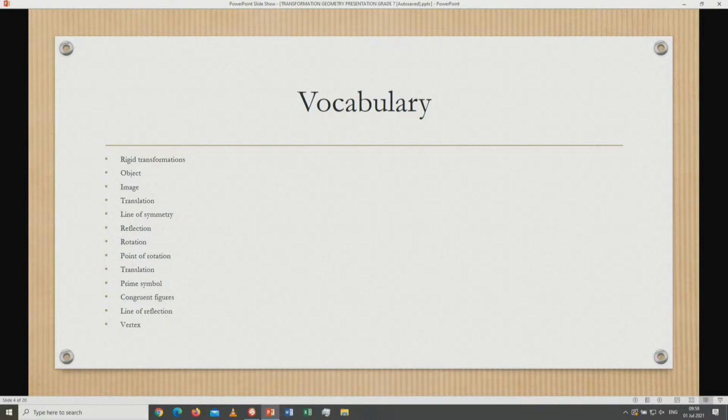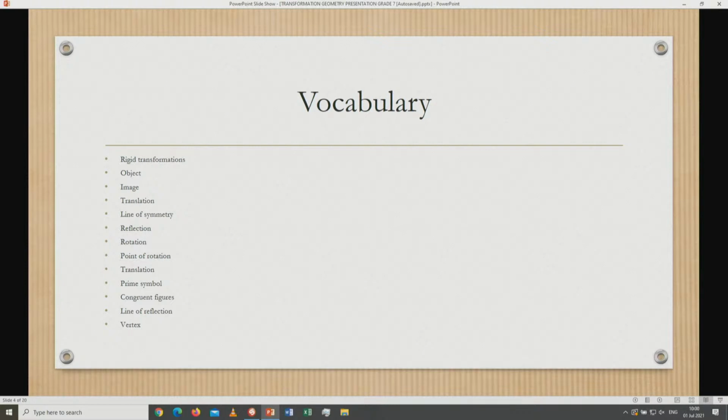What is translation? What is a line of symmetry? I'm sure we've encountered lines of symmetry before, in grade 5 and grade 6. In grade 6, we spoke more about lines of symmetry. Now again in grade 7, we still talk about lines of symmetry. We cannot leave lines of symmetry out when we talk about transformation.